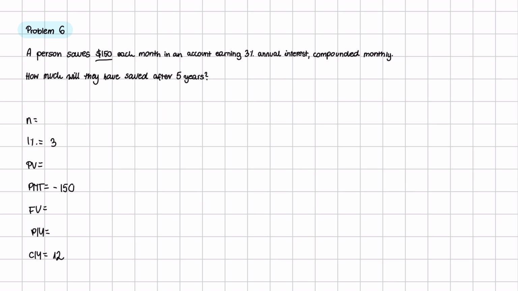In question we have information that we have to calculate it for 5 years, but if we have compounded monthly, we have to multiply our 5 by 12 months, and also p/y is 12 because it corresponds to our n, and future value is 0 because we're looking for it, and present value is 0 because we have no starting money.